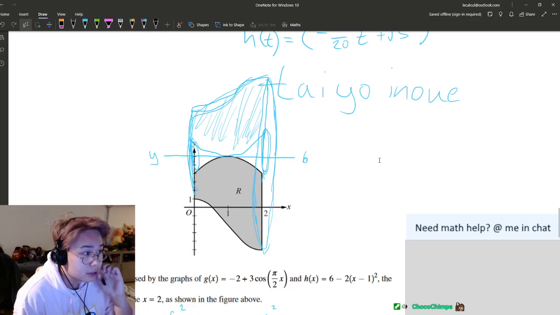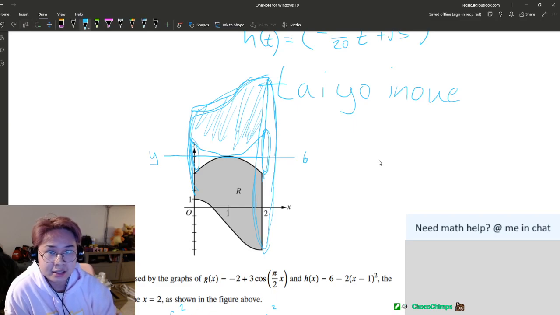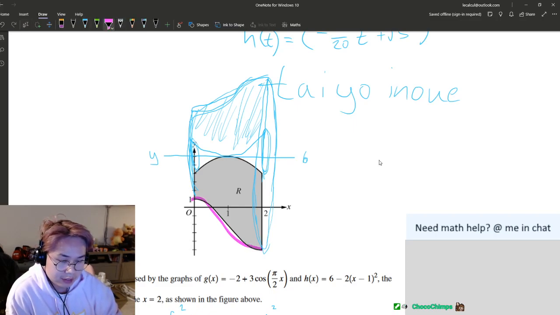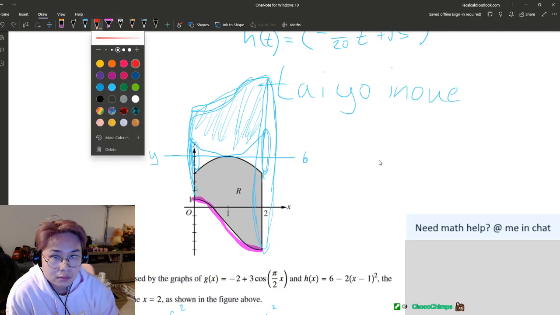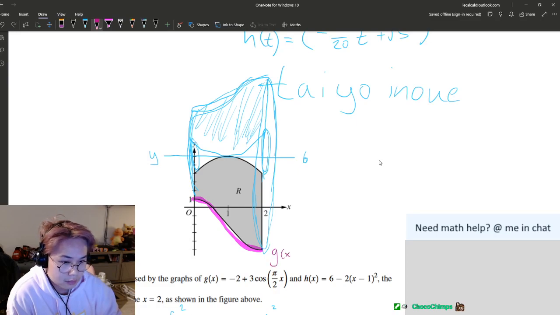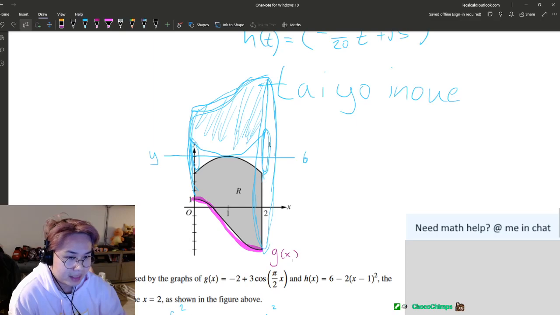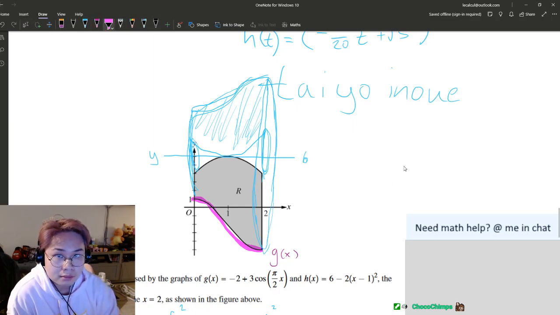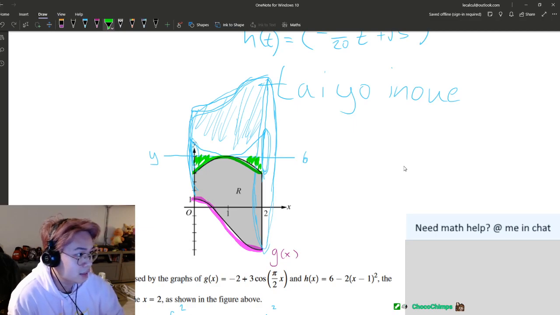So what we can do is we do kind of like a subtraction where we take a volume of rotation if it only had this, which I think is G. So we find the volume of rotation of G around, and then we basically subtract this little hollow piece, which is the volume of rotation from F. So if we integrate the volume of rotation of F, we essentially find the volume of this little hollow piece.